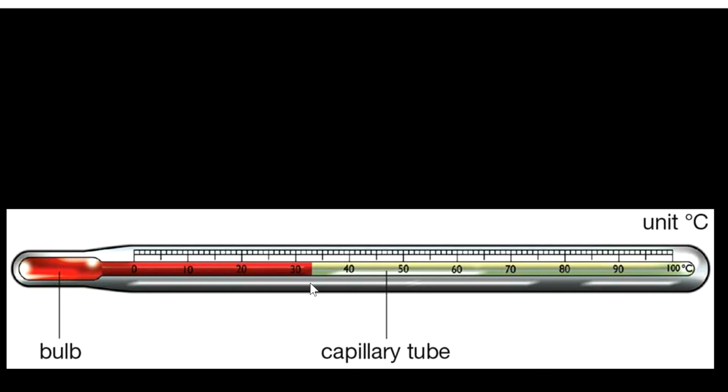So students, now remember this point where the mercury exists, the mercury itself is called the bulb, and this tube in which the mercury is going to rise is called the capillary tube, and this glass outside is behaving like a convex lens or magnifying glass, so that you can see the magnified image of this calibrated scale. So 10 divisions, 20, 30, 40, 50, 60, 70, 80, 90 and 100 divisions, so 100 degrees Celsius.